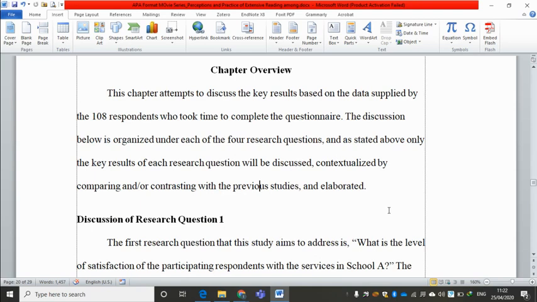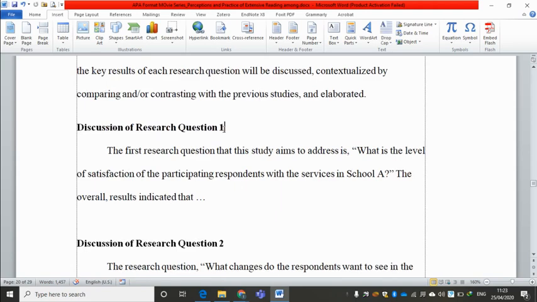This chapter attempts to discuss the key results based on the data supplied by the 108 respondents who took time to complete the questionnaire. The discussion below is organized under each of the 4 research questions, and as stated above, only the key results of each research question will be discussed, contextualized by comparing and or contrasting with the previous studies, and elaborated.